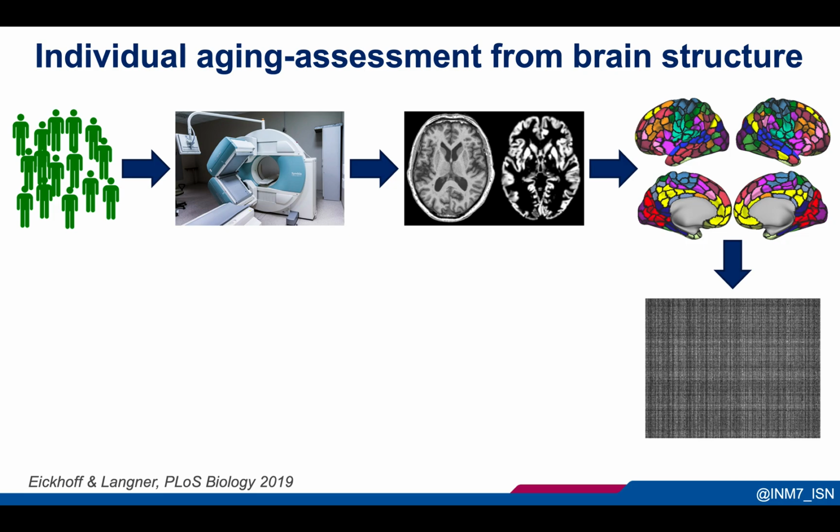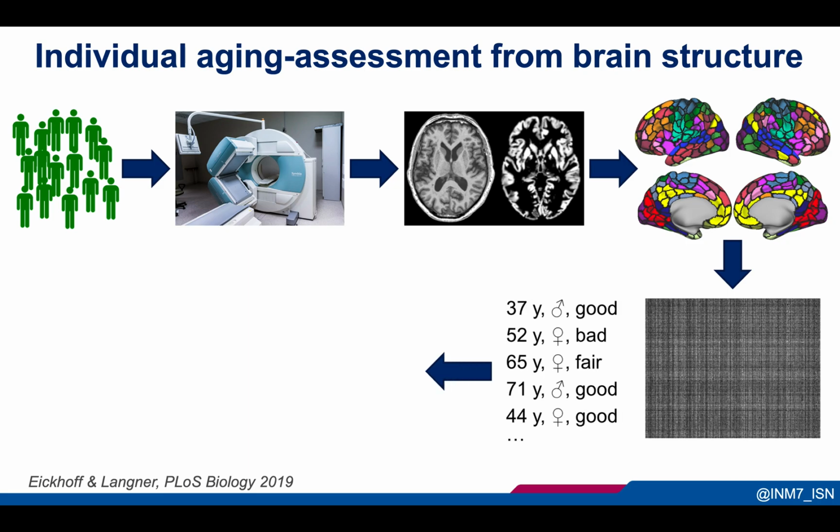So, as shown in this example, we can actually represent the images from several hundreds or even thousand subjects very conveniently as a matrix consisting of subjects here in different rows, and the columns then just represent the mean volume of several hundred brain areas.